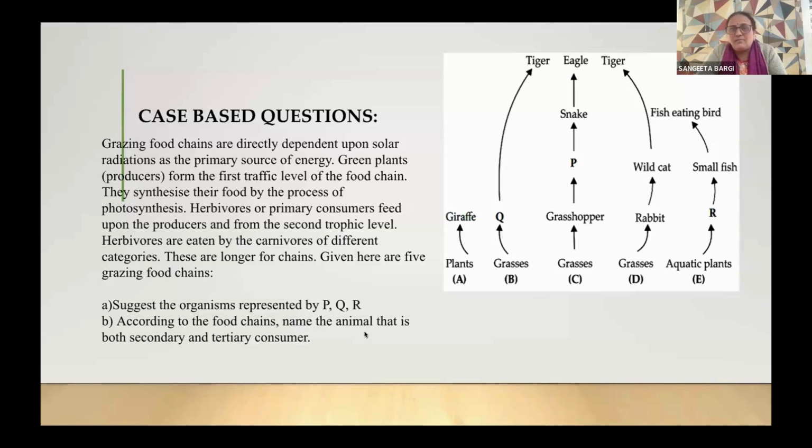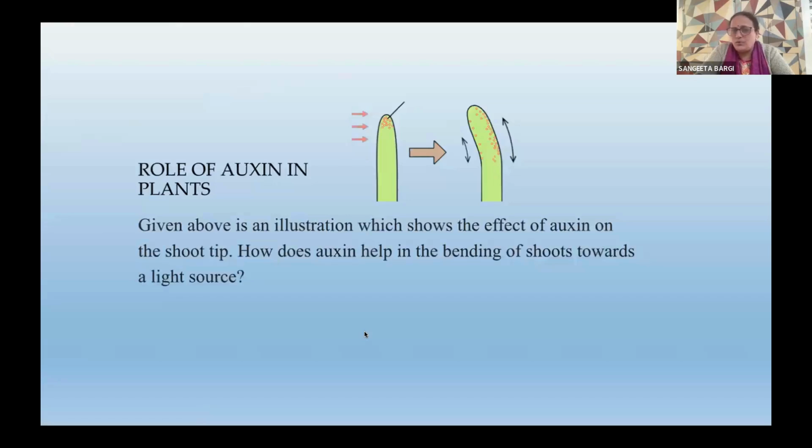It's okay, but then every time it may not be. Sometimes the instructions to the evaluators are that you only check the one which has been answered first. In that case, the child may not get that advantage. So whichever the child feels more confident about, let that be the first answer, and then go with the other one, even if you are trying to attempt both.